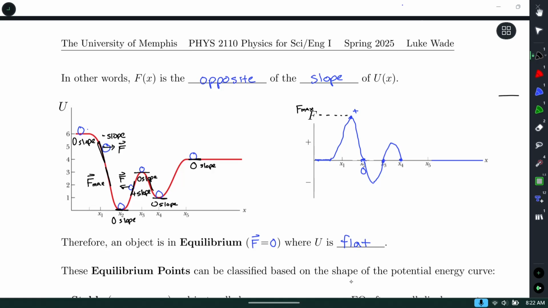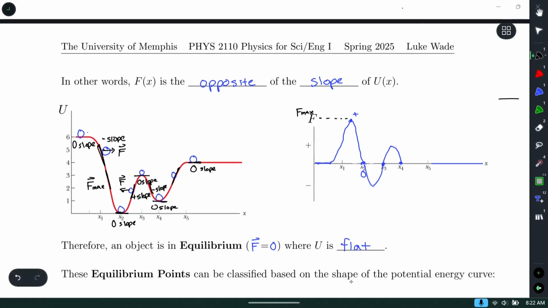Here the slope is negative, and so the force is positive, and so on and so forth. And then from x4 to x5, negative, yep, because everywhere in that interval, the slope is positive, but that's going to pull the ball back to the left. So the force is negative.